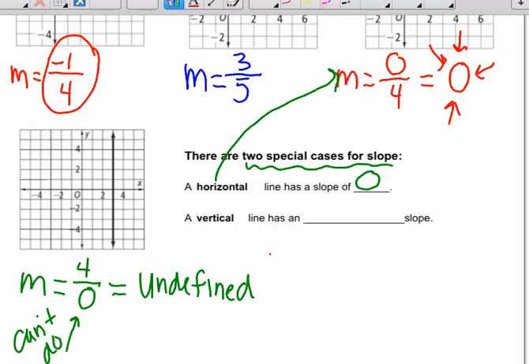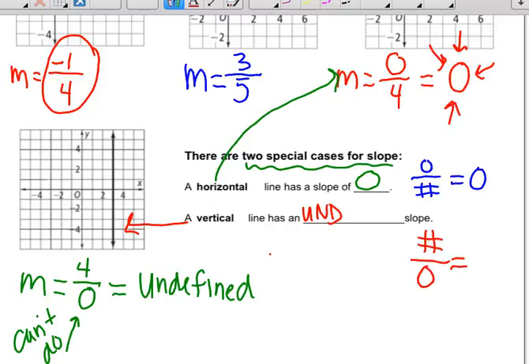Maybe put a little trick. 0 divided by any number equals 0. A vertical line, which we just did here, has an undefined slope. You can abbreviate it UND because a number divided by 0 is undefined. It doesn't work. It's not possible.